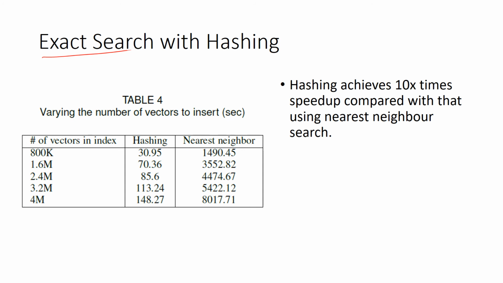As we can see, the number of vectors in the index, if we use hashing, the elapsed time actually is very, very small compared to the exact search using nearest neighbor. So often hashing achieves 10 times speed up compared with using nearest neighbor search.